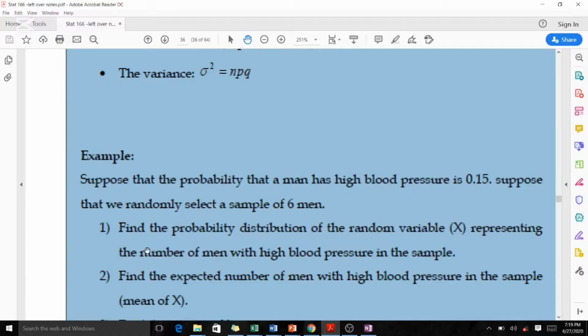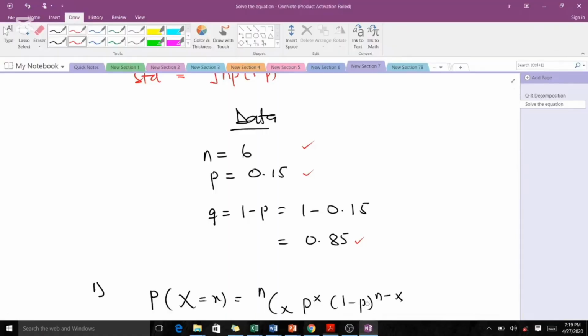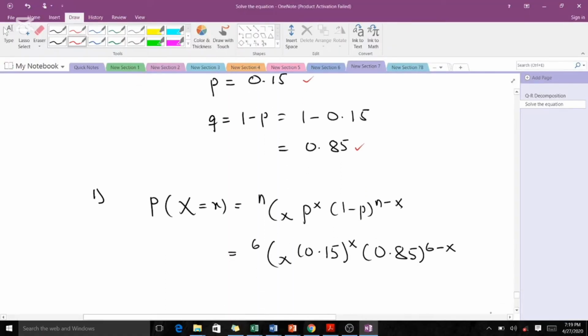0.85. The next question says: find the probability distribution of the random variable x representing the number of men with high blood pressure in the sample. We said the binomial distribution is given by this formula. Our n is 6, x stays as x, p is 0.15, and q is 0.85.